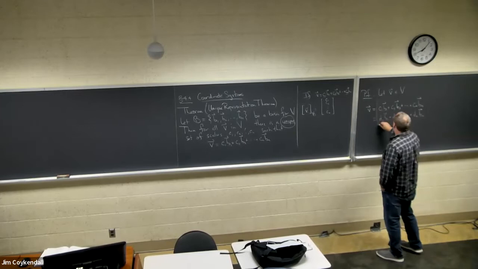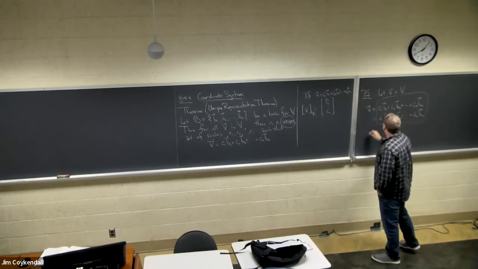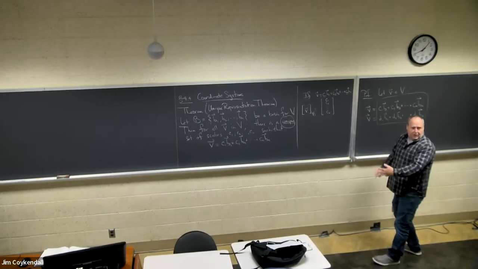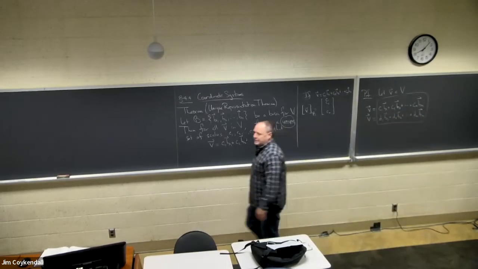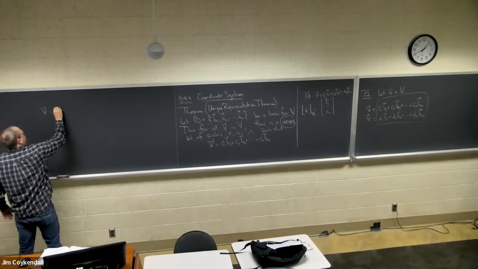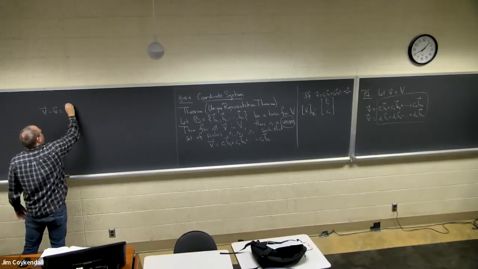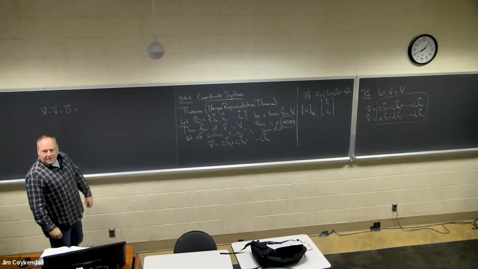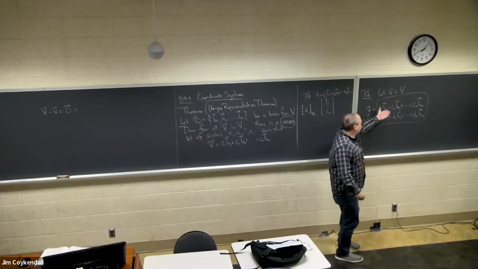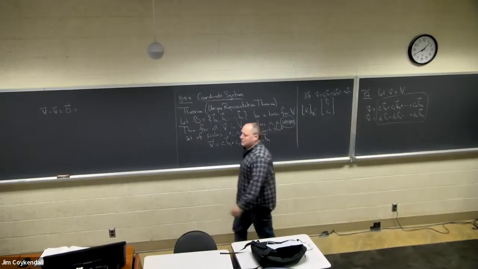Let's subtract this, right? So these are two ways to write v, right? So let's subtract because I know how to subtract. So v minus v is, of course, the zero vector. And what do I get when I subtract this side here?